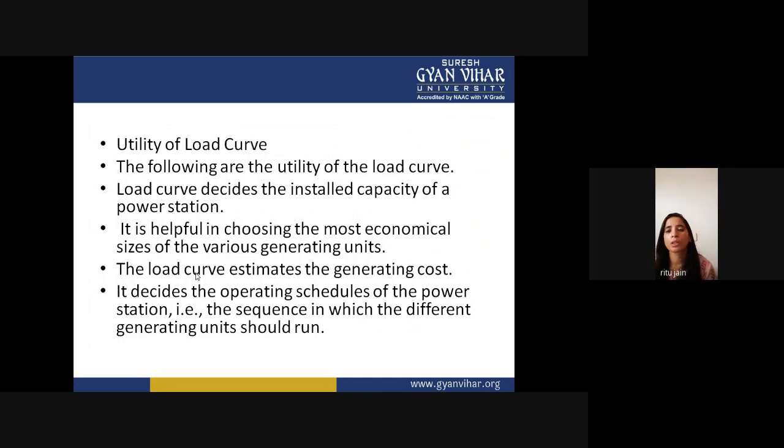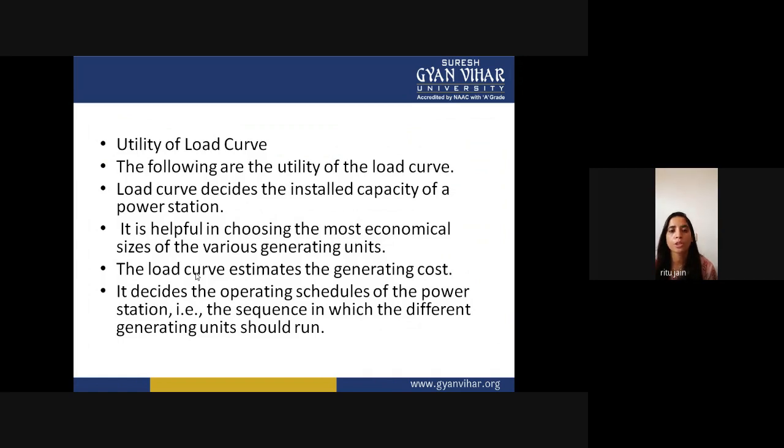Most economic generation is that you connect those generating units according to your load. Suppose the generating unit capacity is 500 megawatt, and you have connected only 200 megawatt to this generating unit, then you are not utilizing its full capacity.